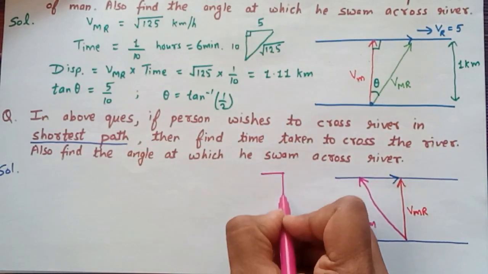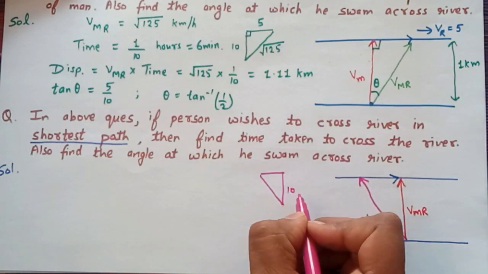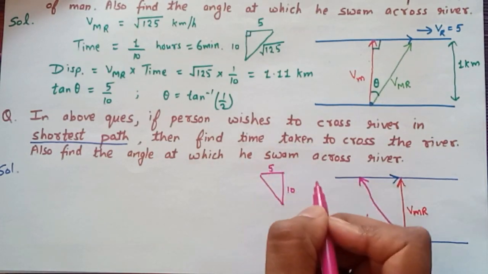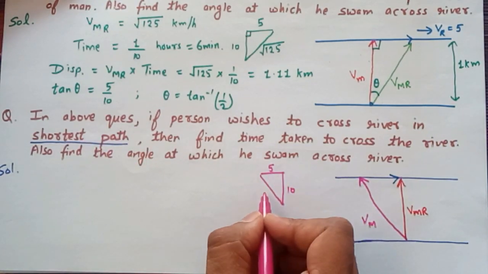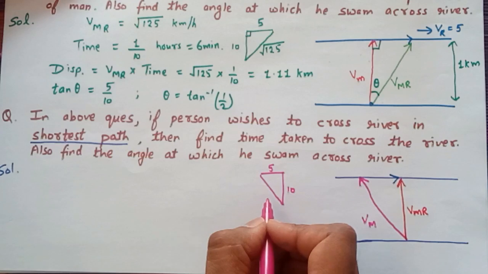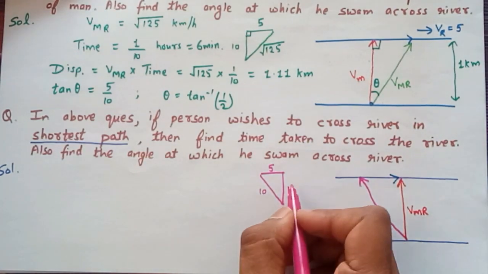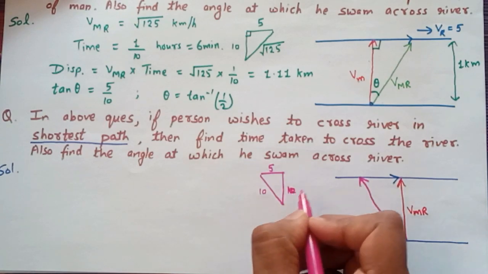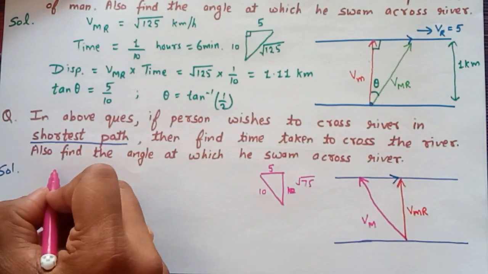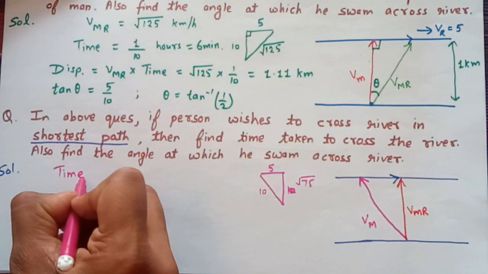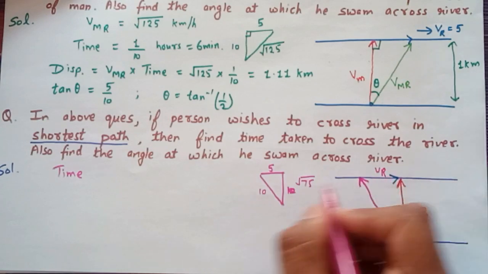Okay, so if I take this triangle as this one is 10 and this one is 5, as the question is saying, in the above question the values were 5 and 10. The velocity of the man was 10 and the velocity of the river was 5.